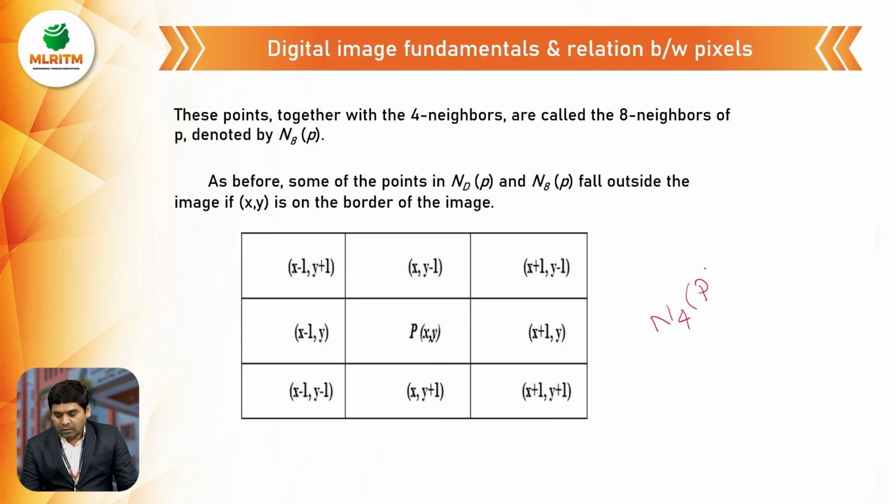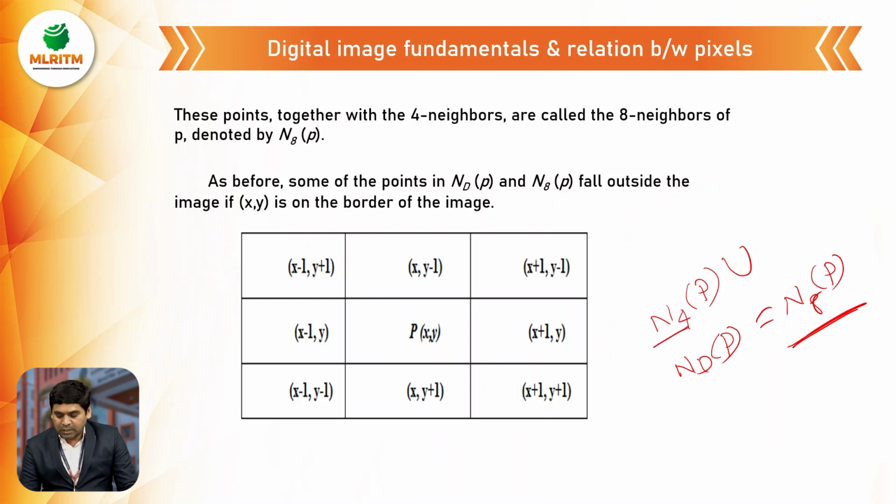The union of these two is called n8 of p, the 8 neighbors of p.